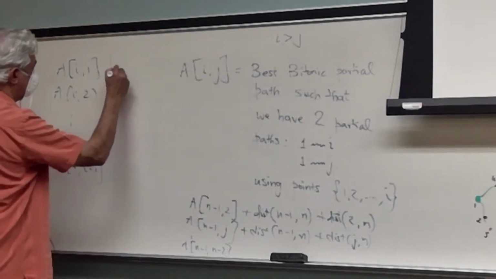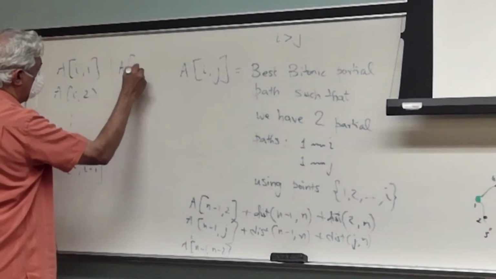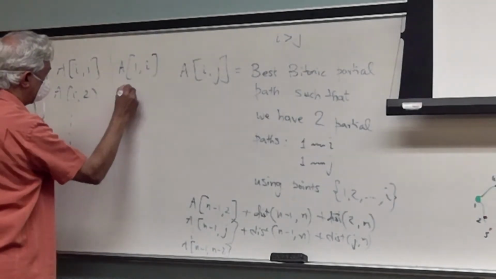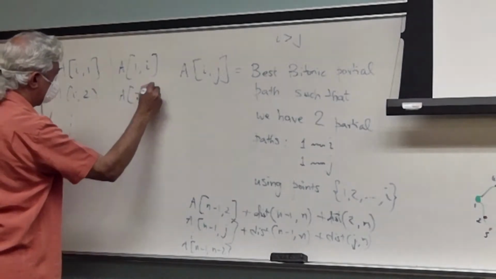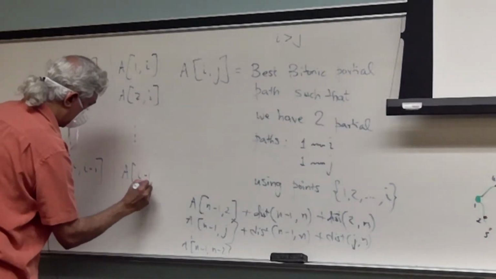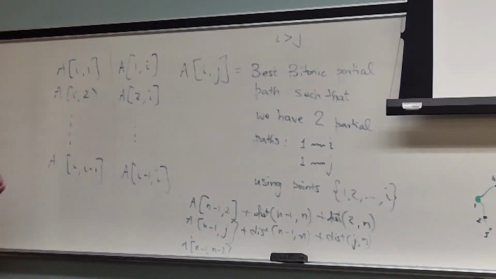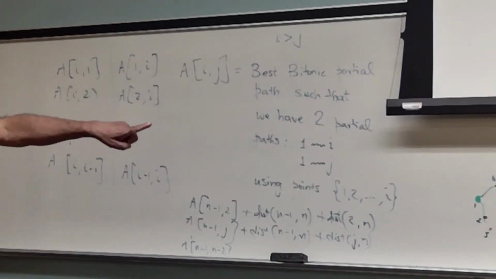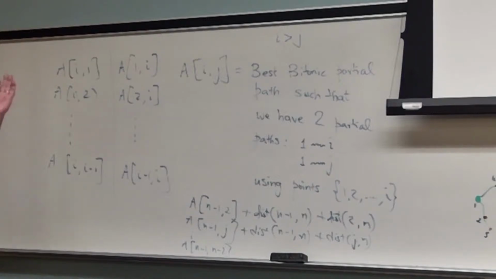And I also have a of 1 comma I, 2 comma I, all of these are solved. Okay? In order to solve a of I plus 1 comma j, what do I need?